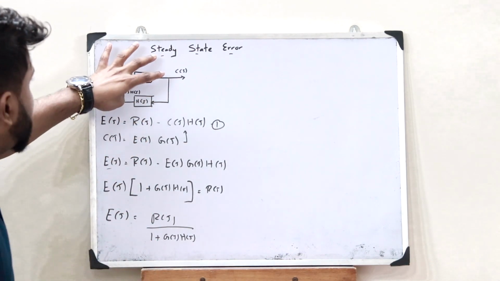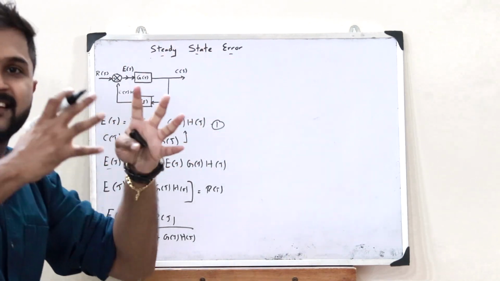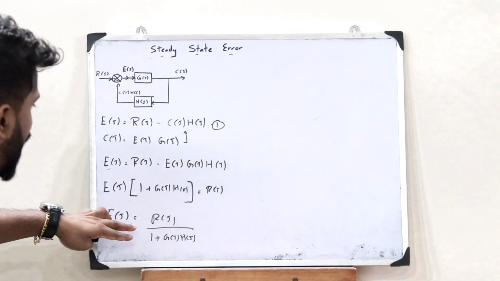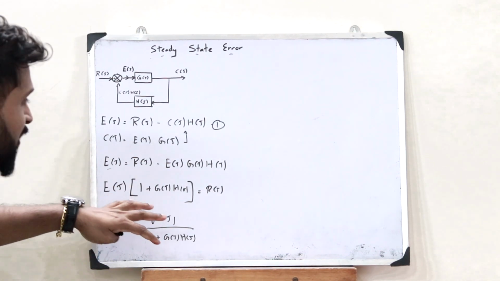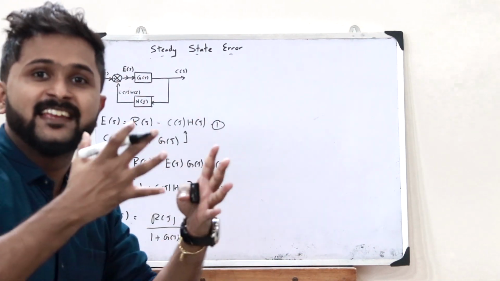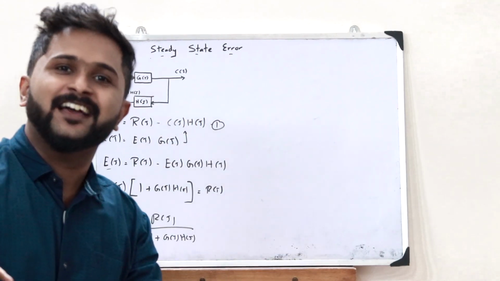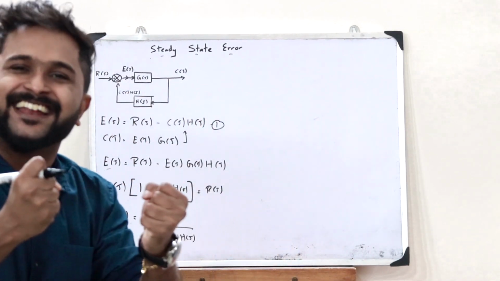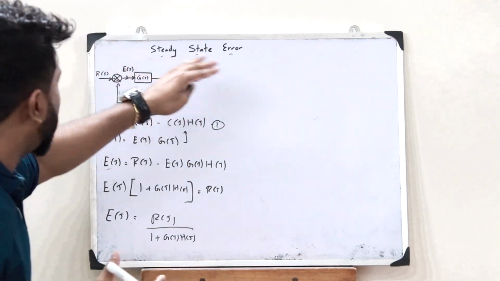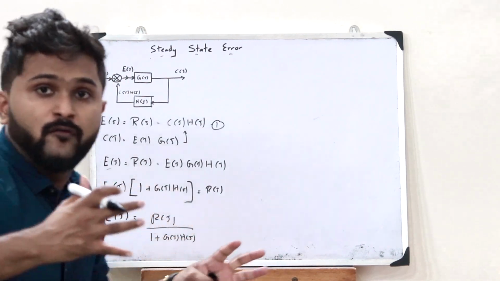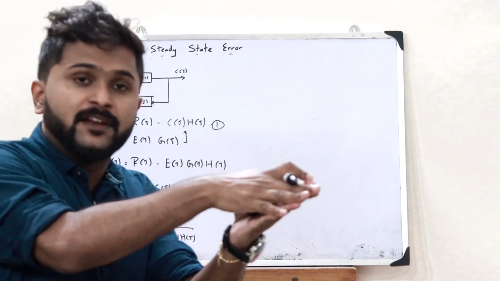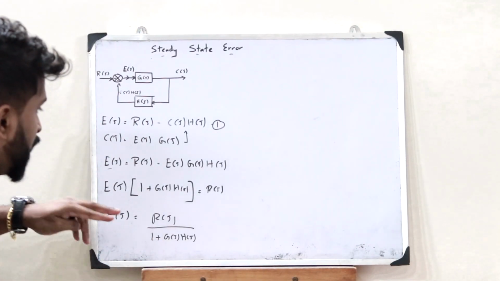Now the steady state error is simply the value of this error signal when limit t tends to infinity. As simple as that, guys. That is what is referred to as steady state error. For t tending to infinity, this must be converted into the time domain.